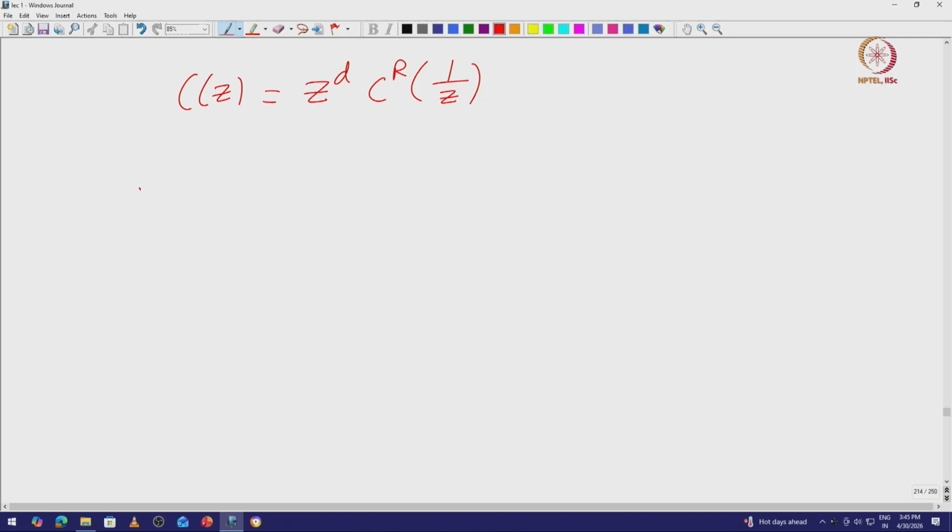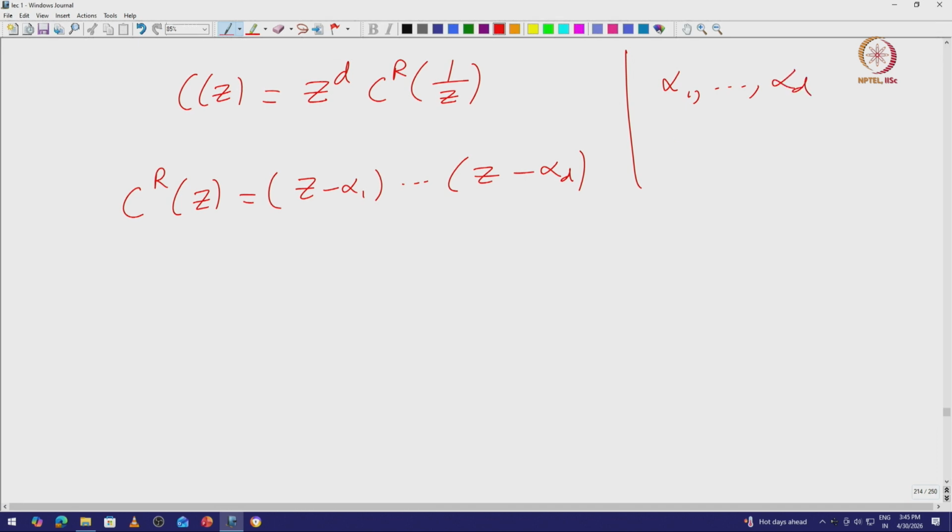Now we write C_r of z as (z minus alpha_1) times etcetera times (z minus alpha_d), where alpha_1 etcetera alpha_d are roots of C_r of z, counted with multiplicity. There are exactly d roots.